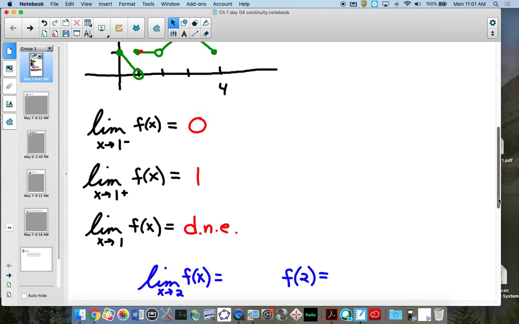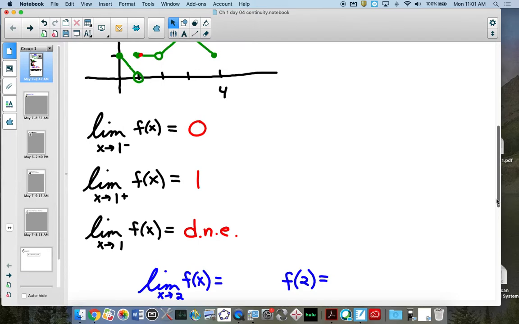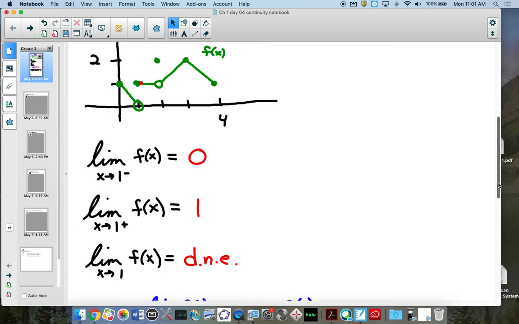Two other questions. What's the limit as x approaches 2 for this function? If we approach 2 from the left, we're approaching the value of 1. And as x approaches 2 from the right, traveling along this function, we're also approaching the value 1.